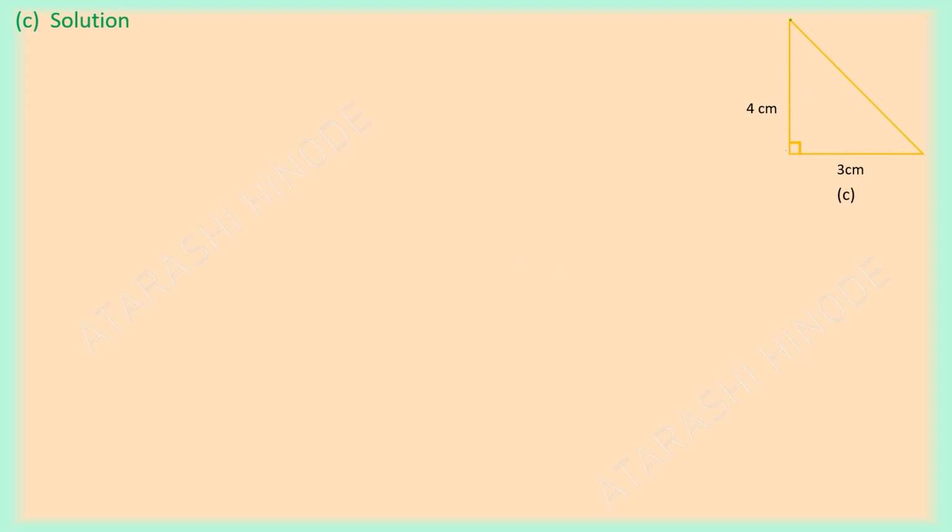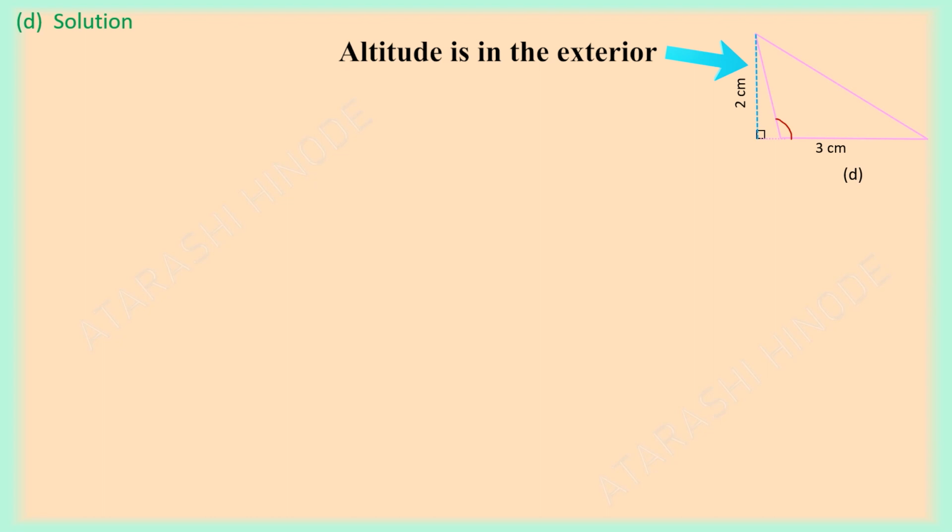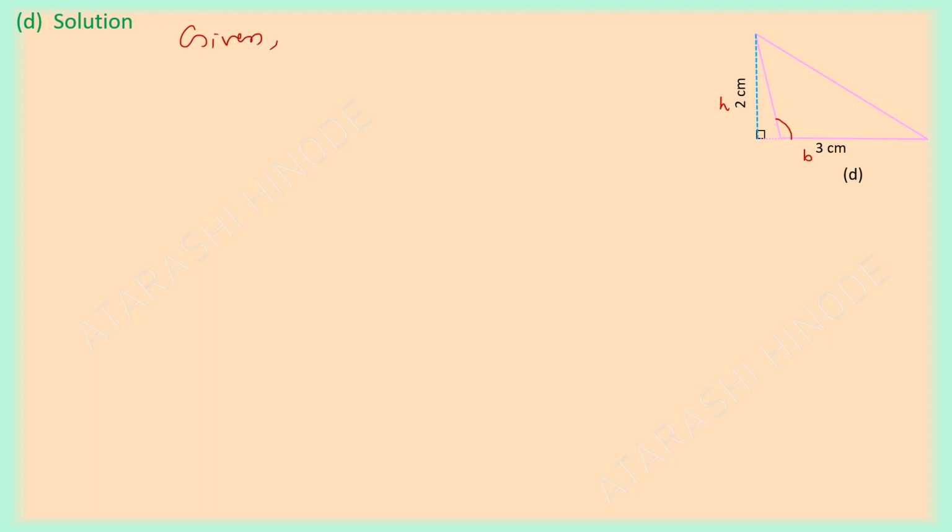Now let us do the last part. Here, this is an obtuse angled triangle and this is the base and this is the height or altitude. So let us write base equal to 3 centimeter and height equal to 2 centimeter.